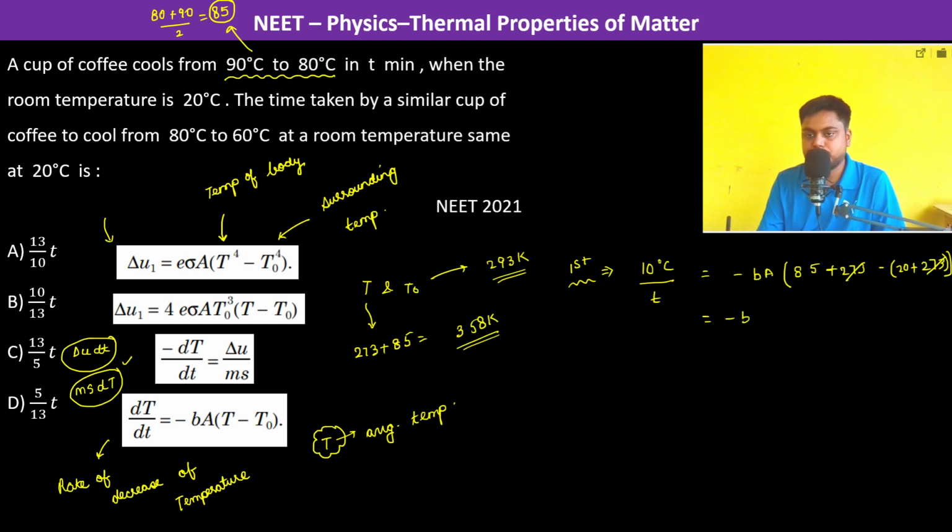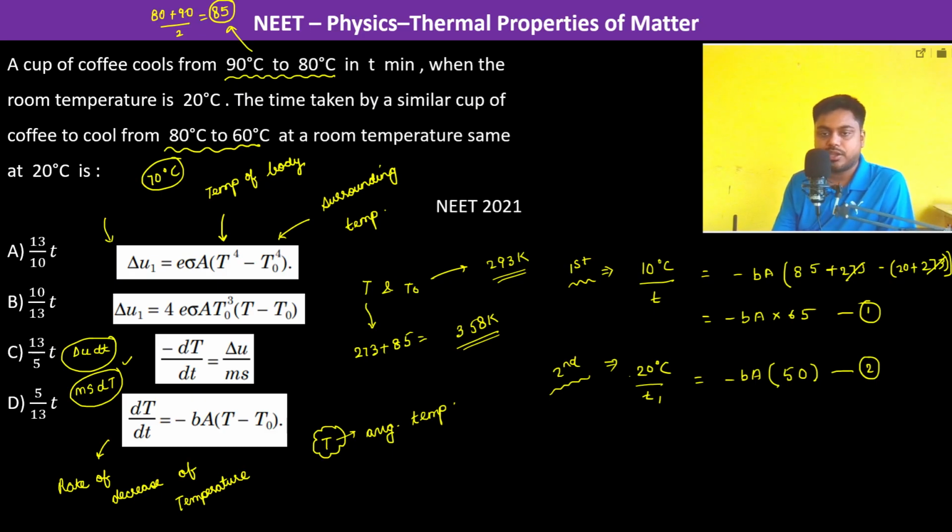So minus BA into 65. That's the first equation. For the second equation, how much decrement is happening? 80 minus 60, that is 20. So 20 degrees centigrade divided by t1. This should be equal to minus B into A. Now what's the average? Average is 70 degrees centigrade here. So 70 degrees centigrade minus 20, this becomes 50.